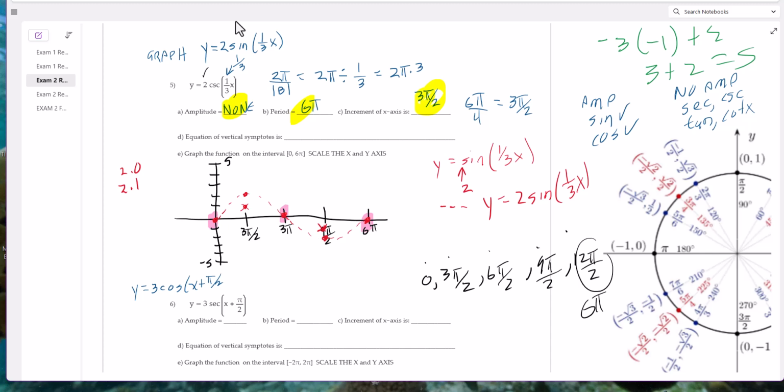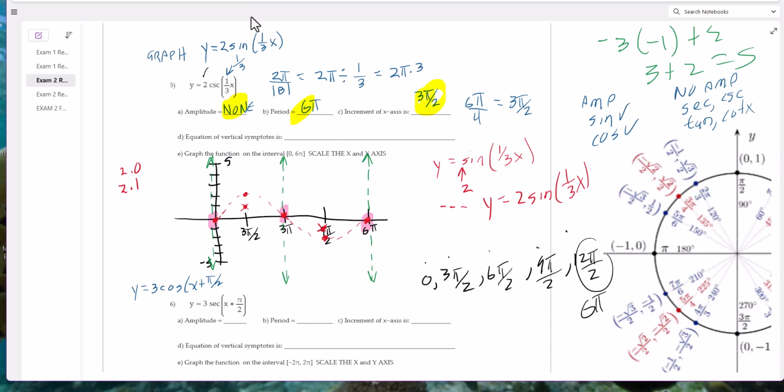So what I'm going to do is draw vertical asymptotes through these midpoints, like this. Then I just sketch in the shape. So the shape goes like this then. The shape of your final graph will look like this. You just put the U shape on top.